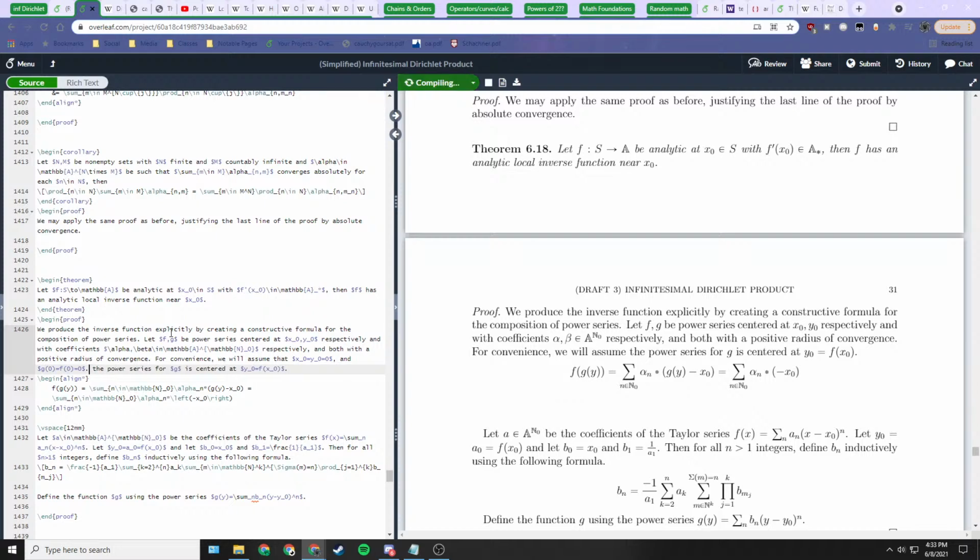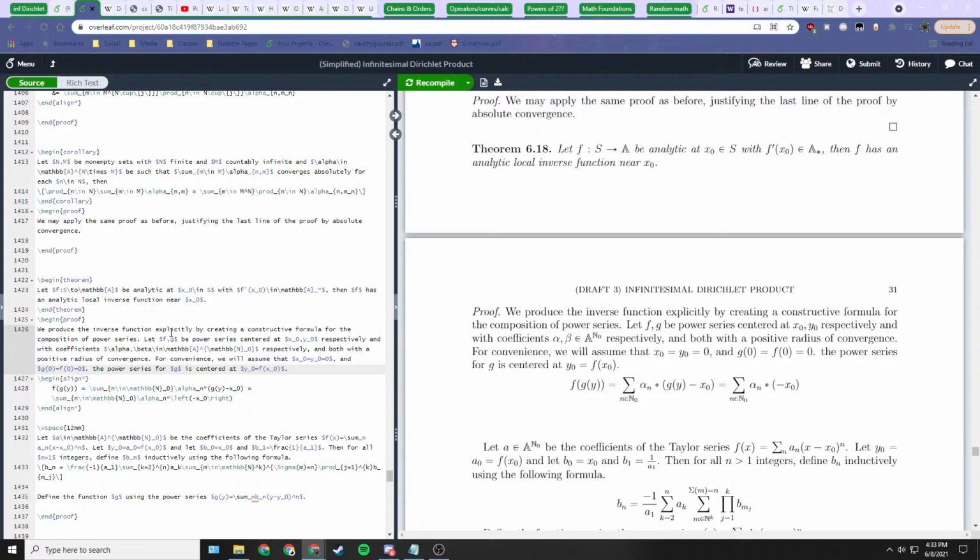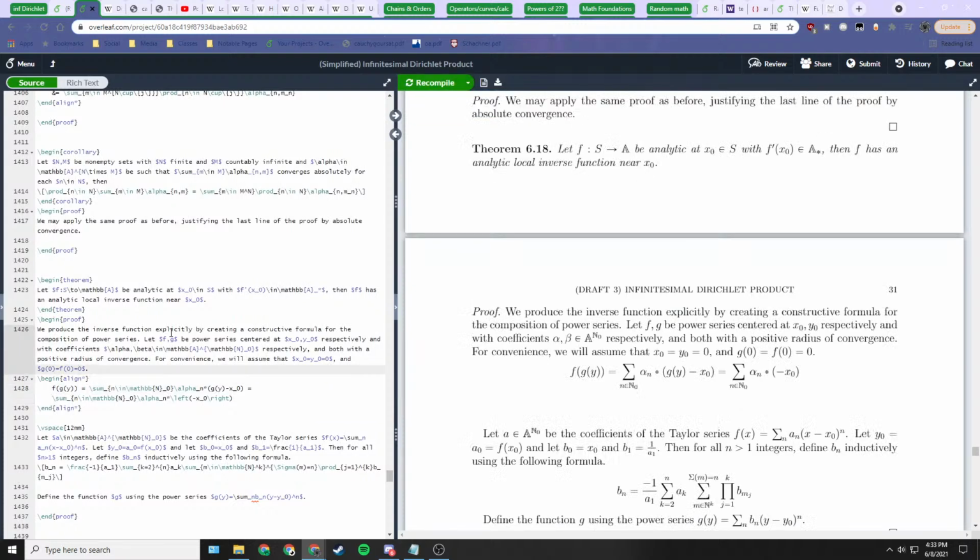Okay, we're just going to assume that the input and output center points are 0. So we have f at g of y, the summation of alpha. Actually, instead of n in n0, because our f0 is 0, we can just do n in naturals.